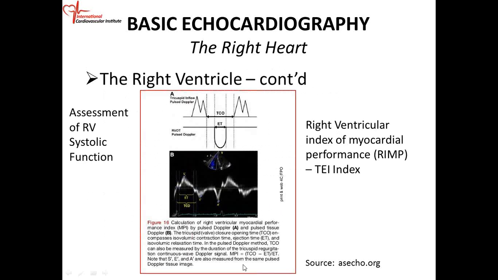You're going to get your ejection time by putting your Doppler signal across the right ventricular flow tract. When you get the flow across the right ventricular flow tract, the ejection time is from the onset of ejection to the end of ejection. That's ejection time.